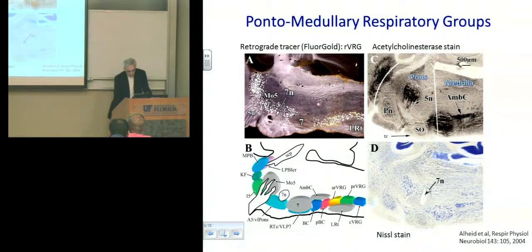Where it reaches, on its downward path in a parasagittal section, just the dorsal level of the facial nucleus is about the right level to find the pre-Bötzinger or Bötzinger complexes in particular.